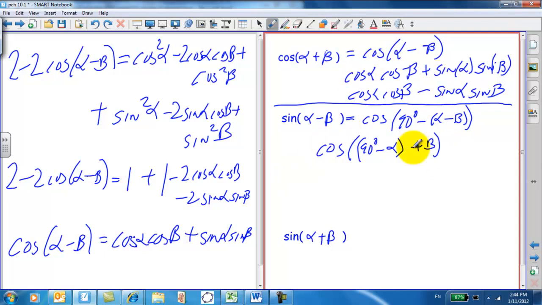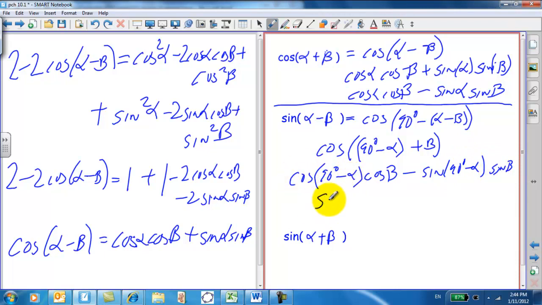And so using the cosine sum formula we just proved, it'll be cosine of 90 degrees minus alpha cosine beta minus sine of 90 degrees minus alpha sine beta. And using the cofunction idea again, cosine 90 minus alpha is sine. Sine alpha cosine beta minus cosine alpha sine beta.